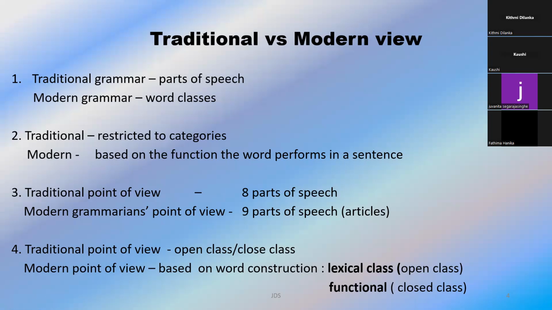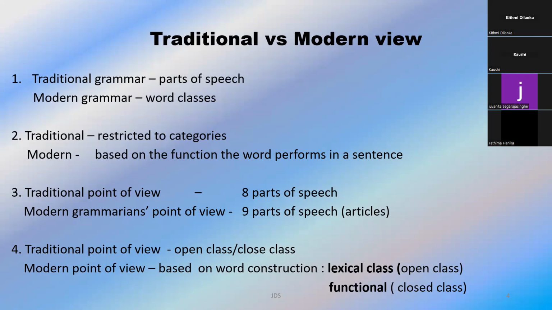For example, take the word my. This is my house. From the traditional point of view, my is viewed as a pronoun, a personal pronoun. The traditional grammarians are very rigid regarding the part of speech to which it belongs.